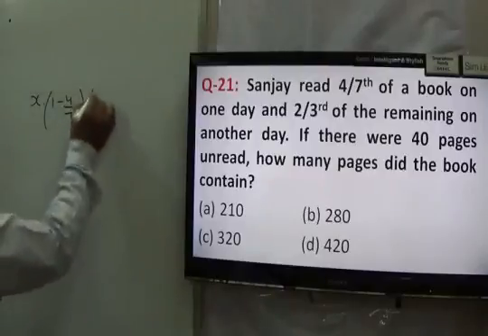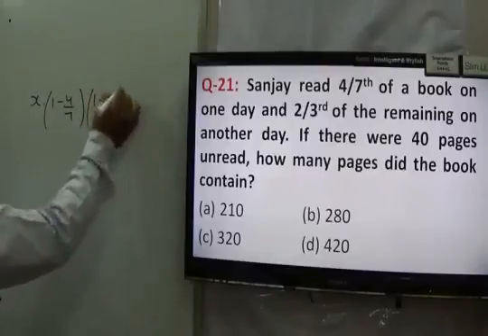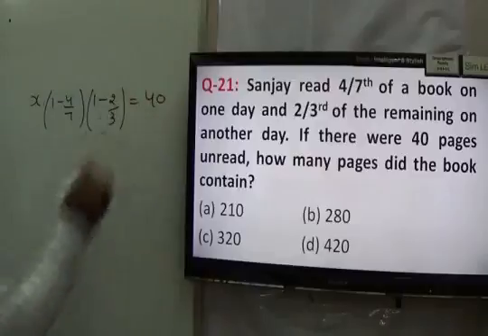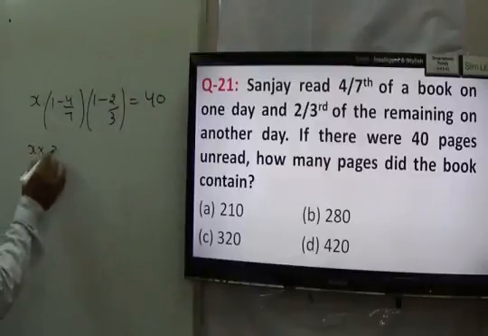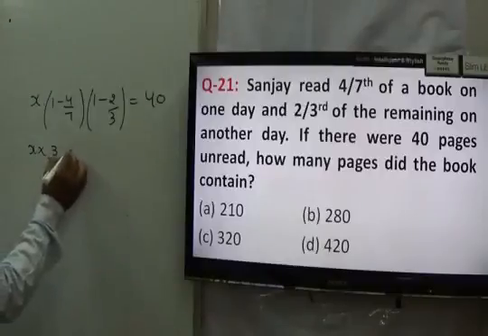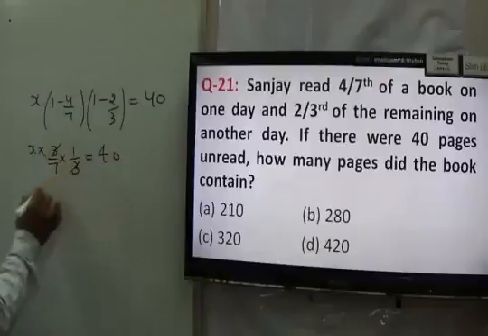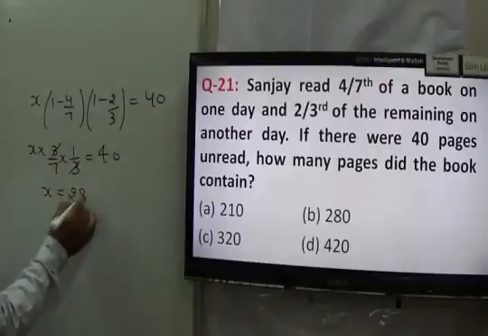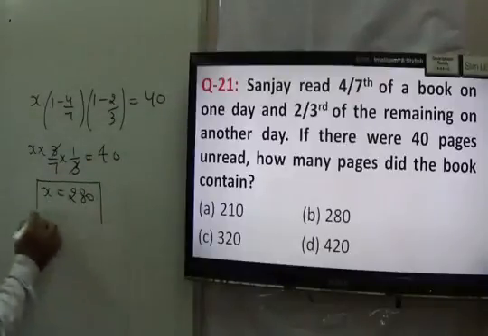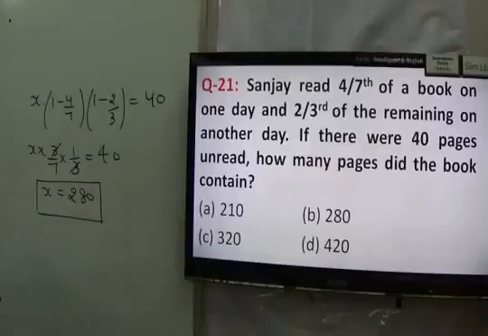How much is left? 1 minus 2/3, and the remaining pages are equal to 40. We have to find the total number of pages. That would be x into 3/7 into 1/3 equal to 40. Here I can say x equal to 40 into 7, 280. So my answer to this question is that the number of pages in the book is equal to 280.